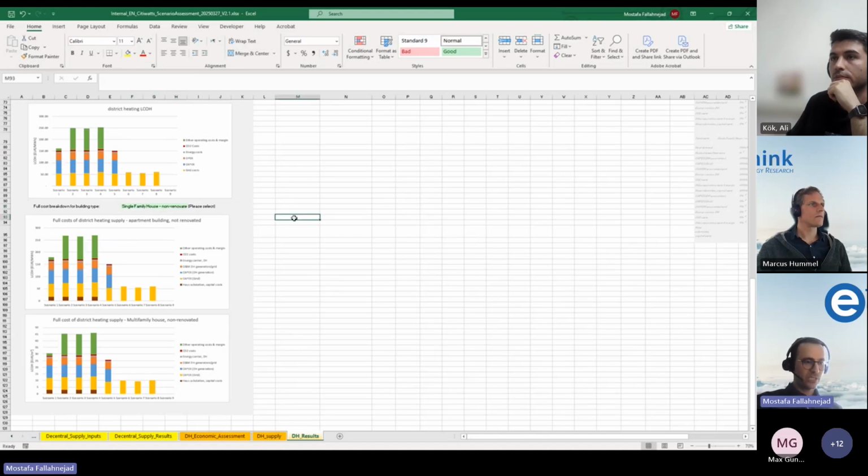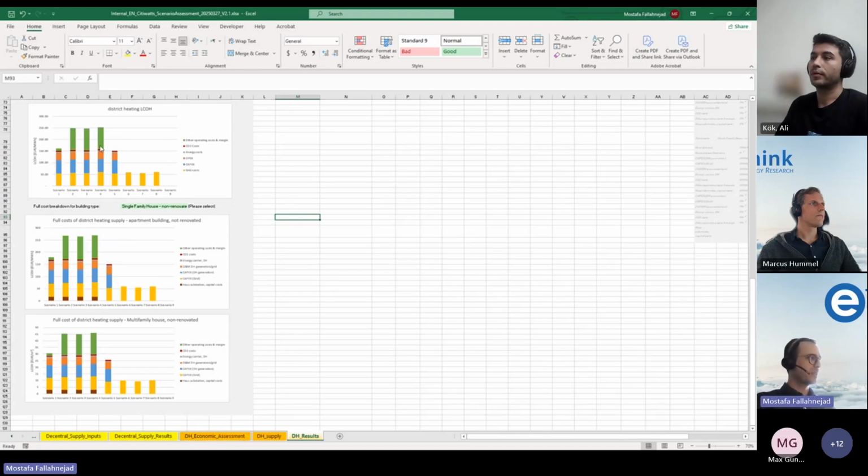It's important to mention that the regions identified by district heating economic assessments are basically where the comparison of district heating and decentral heat supply is relevant. Whatever falls beyond these identified regions, of course, is not suitable for district heating, and there is no need to make a comparison. You should go for decentral supply option for those regions.